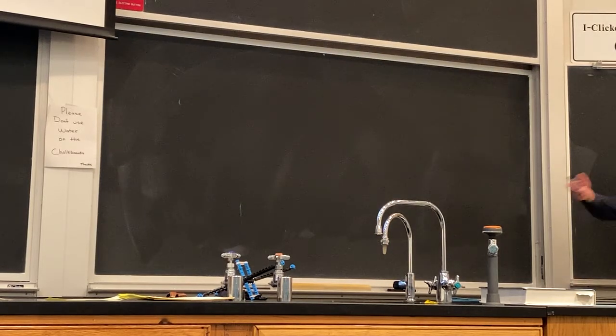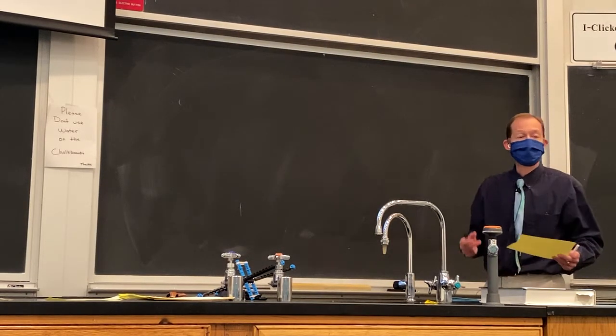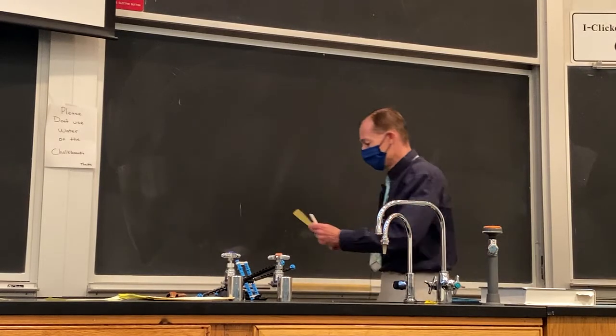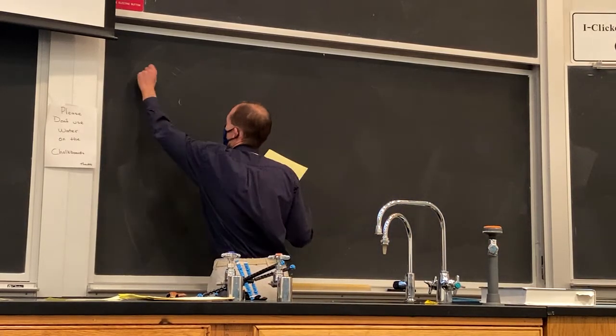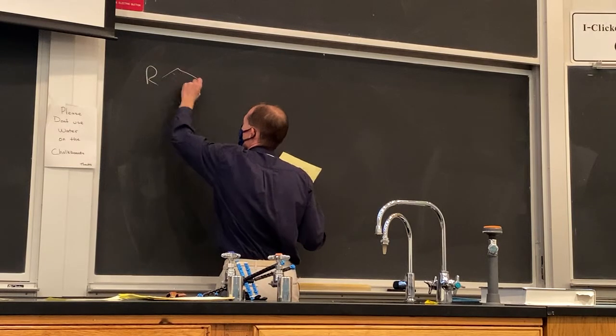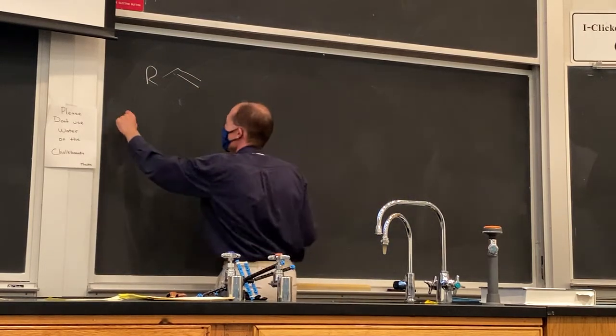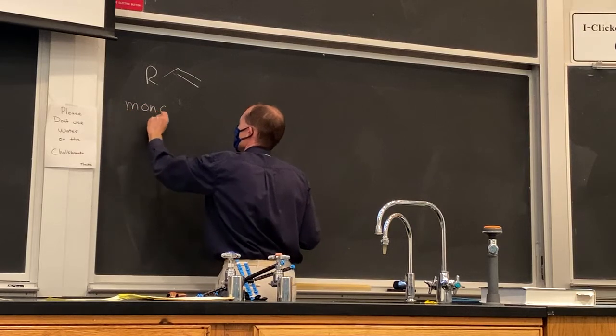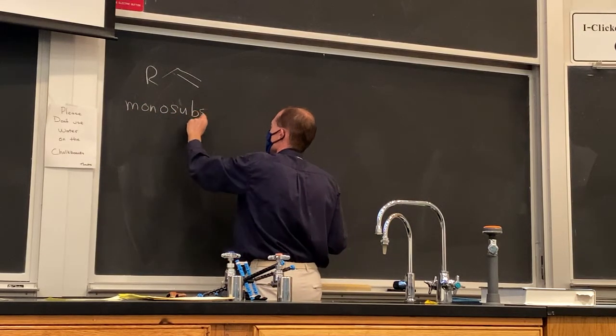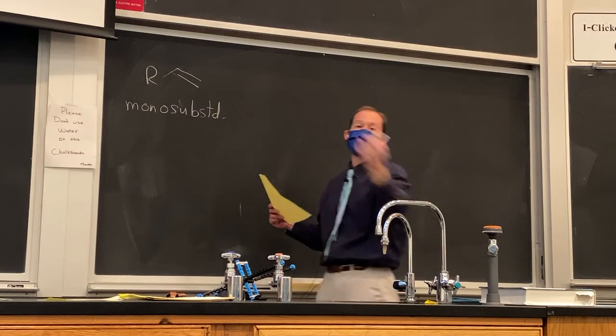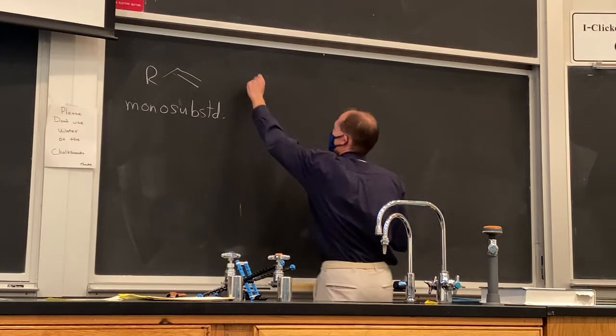Okay. So we have a classification system for alkenes that we need to go over. When we have alkenes other than ethylene that have substituents attached, then we classify alkenes according to how many substituents and where those substituents are located. So if we only have one substituent on our alkene, we would say it is a monosubstituted alkene.